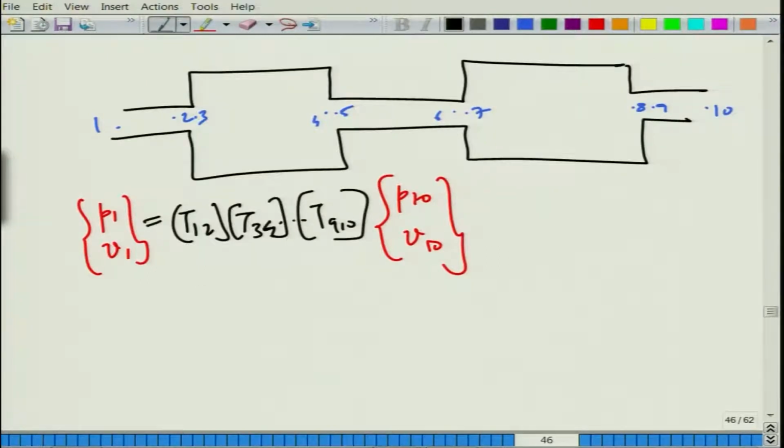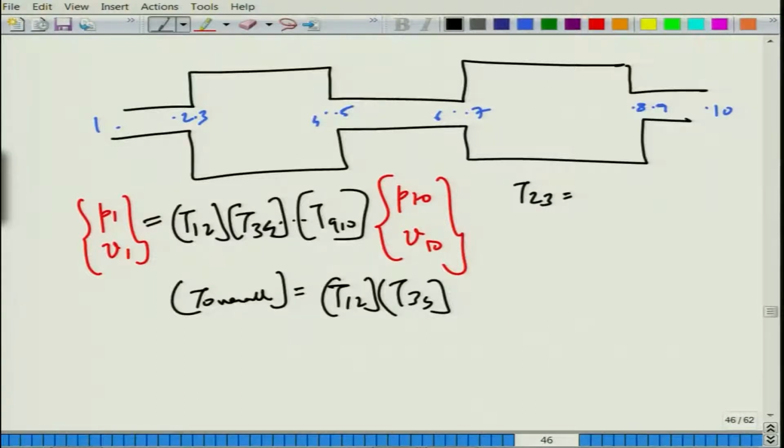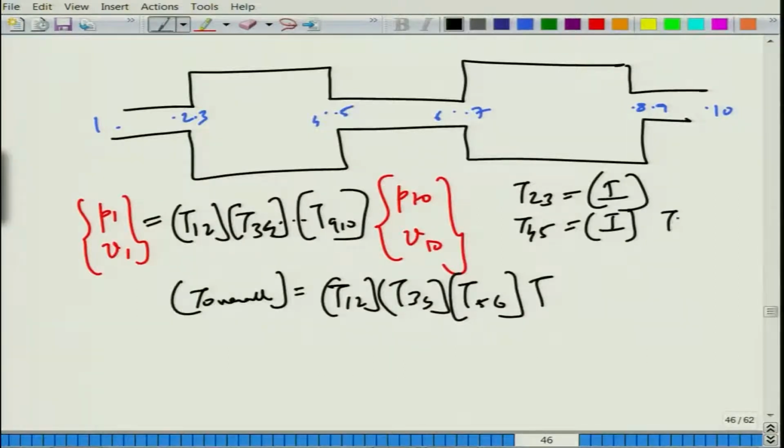So, effectively the overall T matrix will become T12, T34, and assuming that T23 is the identity matrix, and T56, T45 is again an identity matrix, and then T67 is again an identity matrix, and then you will have your T78, T89 is again your I matrix, and then you have your T9,10.